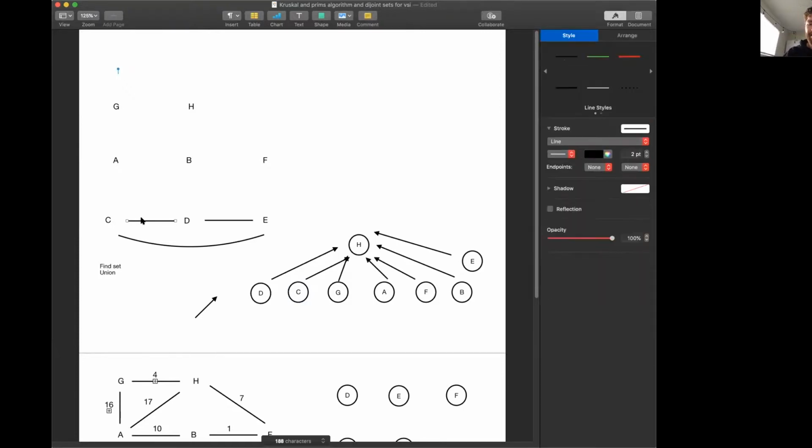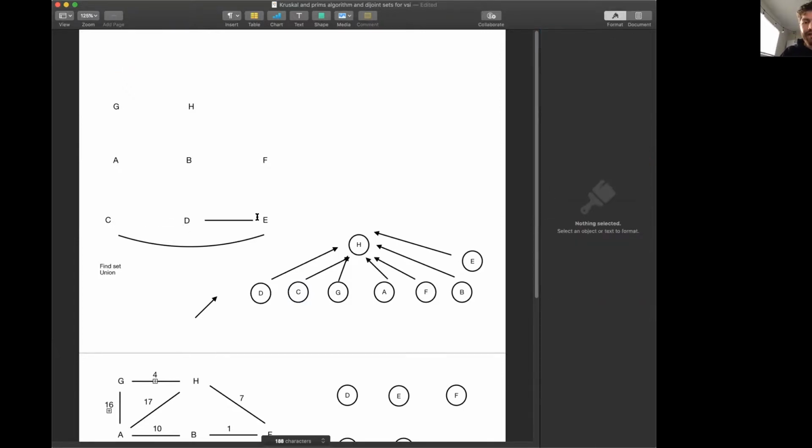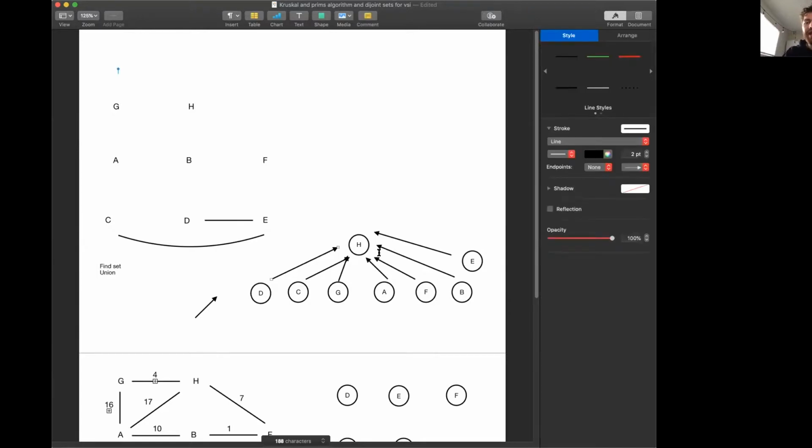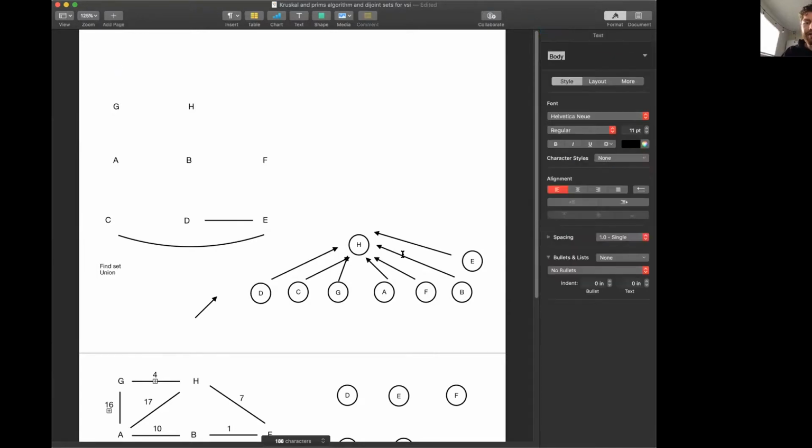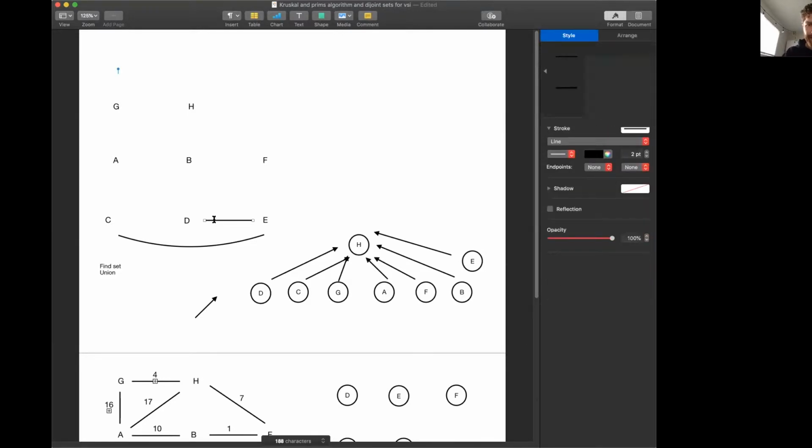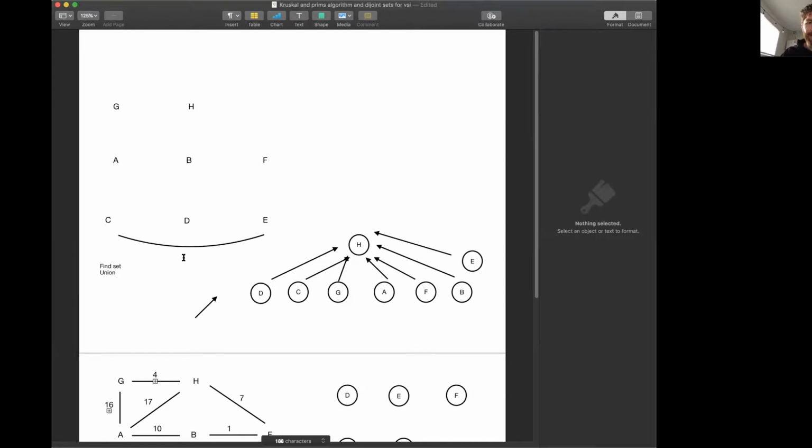Nothing will happen. I'm not going to call union. D and E, calling find set on D will give me H, calling find set on E will give me H. Nothing will happen. They're in the same disjoint set, and that's the same situation for C and D. This will not do anything.